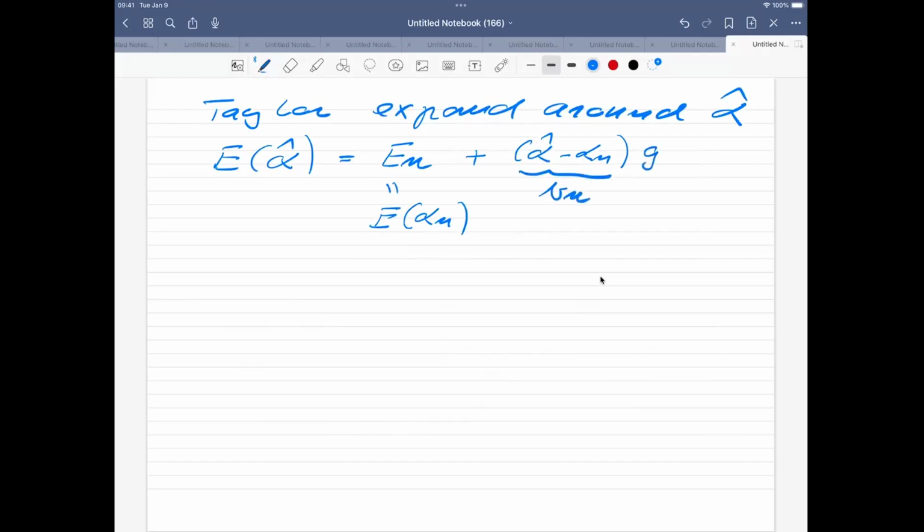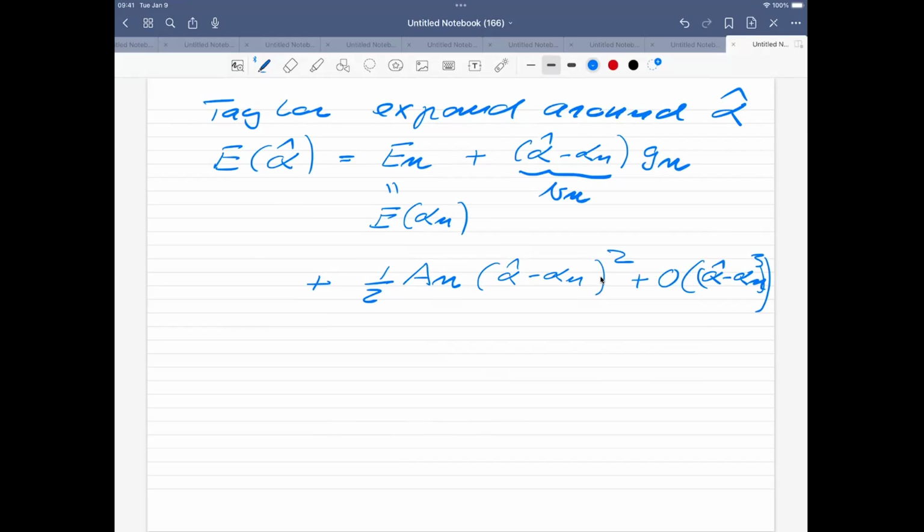I have my gradient, this first derivative, G of n, right? And then I keep going here. So I get 1/2 times this quantity A of n, which is the second derivative. And then I have my alpha minus alpha of n squared. And then I have my higher order terms, because I'm now iterating around alpha minus alpha of n here. And these are just higher order terms squared. So this is as a scalar quantity. We just have one alpha.